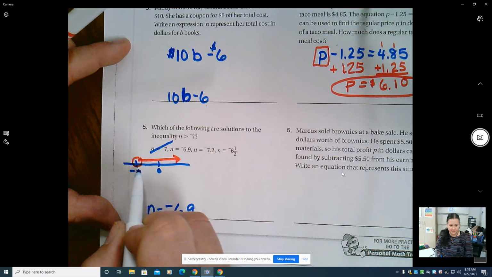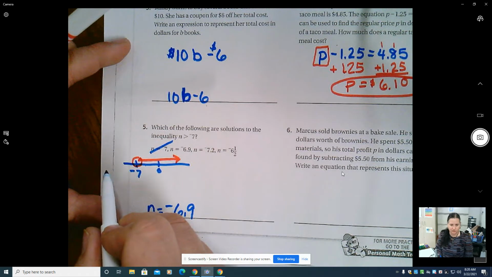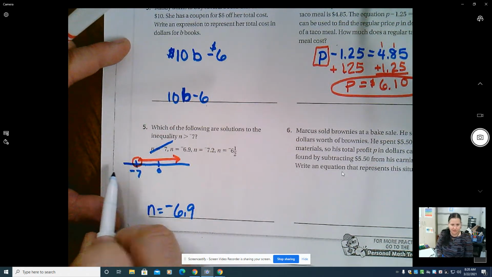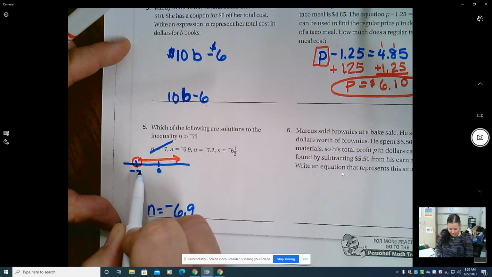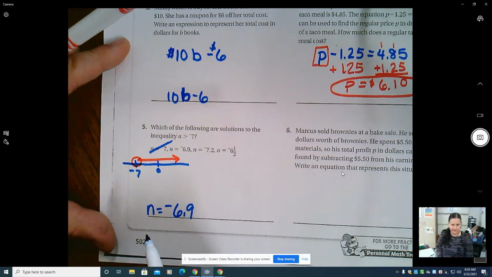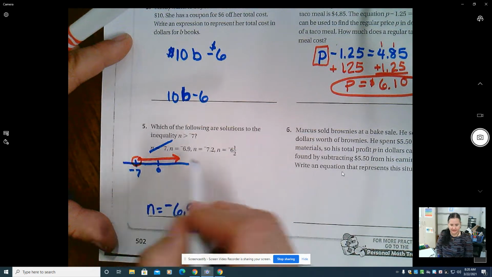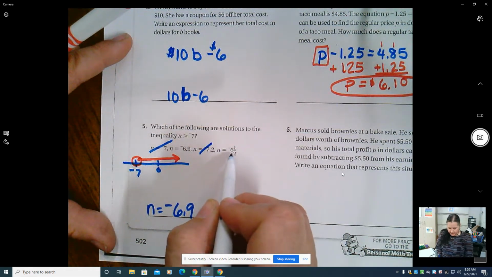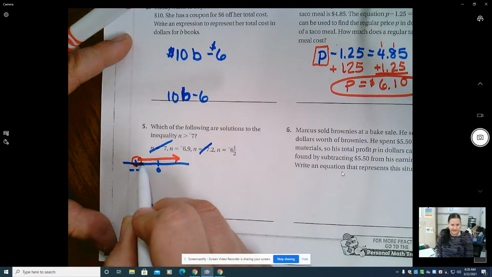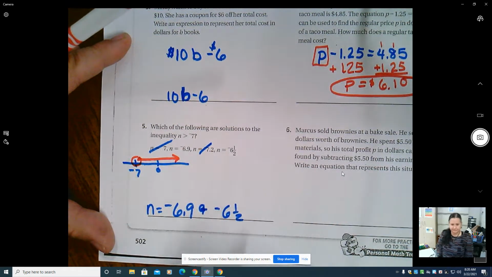Because remember, as we go this direction, your numbers are getting bigger to the negative side, but they're actually getting smaller, right? So this way it's getting smaller, but this would be like 1, 2, 3, 4, 5, 6. And then on this side of 7, it would be 8, 9, 10, 11, 12, all negative numbers. So this one would not work because it's on this side, not this side. And -6.5 would come before that, so that one would work. So we can also put -6.5.